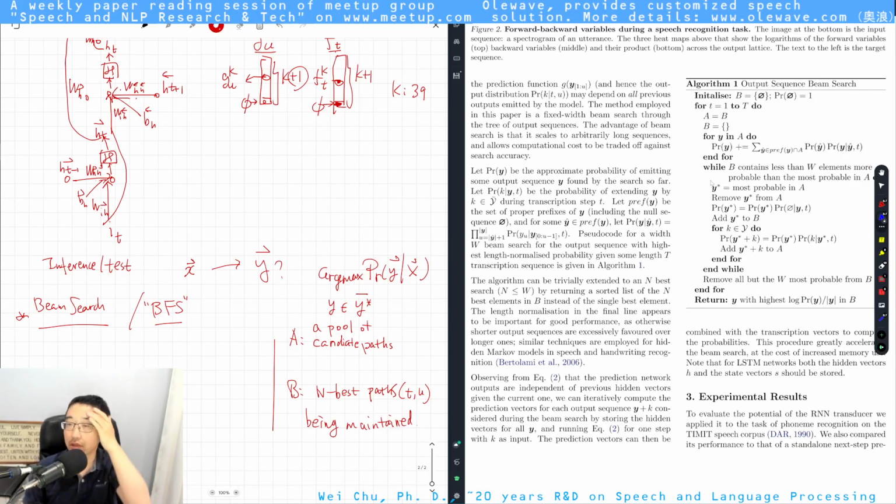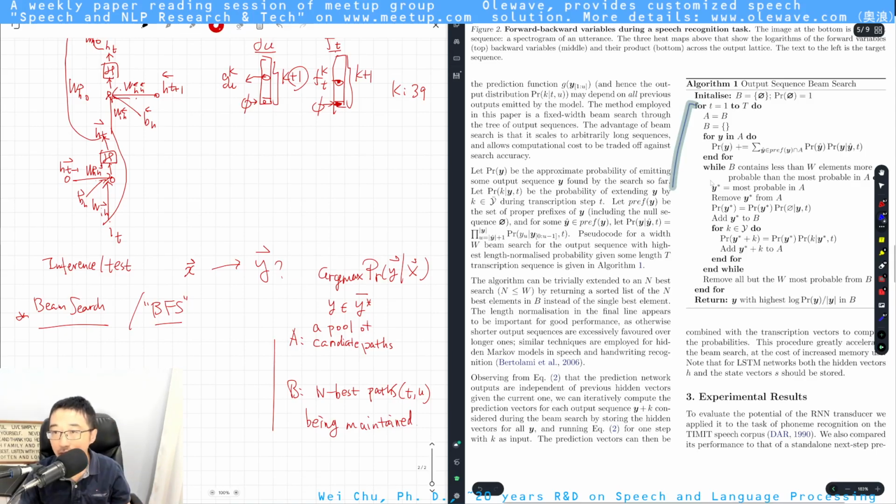So first, this is initialization, and you can see this is the outer, this is the outer for. Okay.